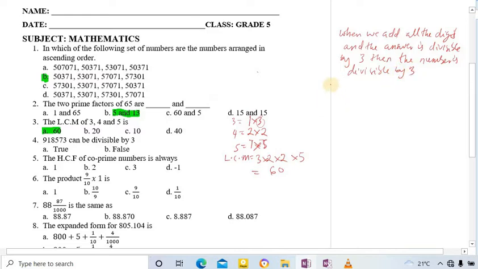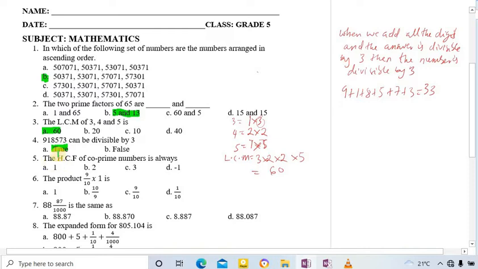So let's add the digits in this number. Digits here are going to be 9 plus 1 plus 8 plus 5 plus 7 plus 3. You add all of this, you get 33. And 33 divided by 3 is 11. Therefore, this is a true statement.